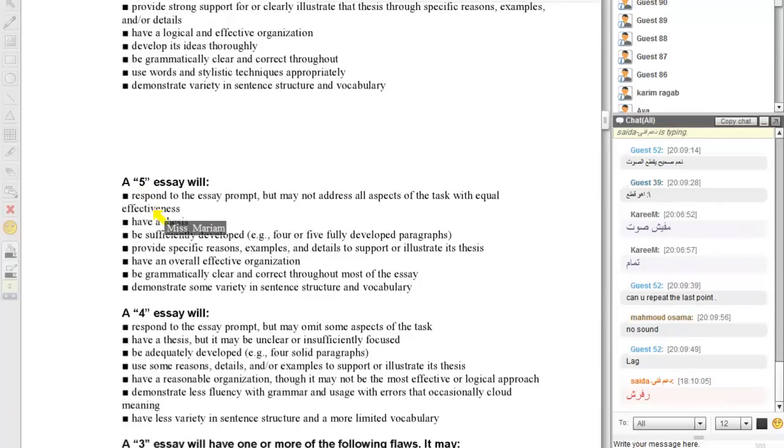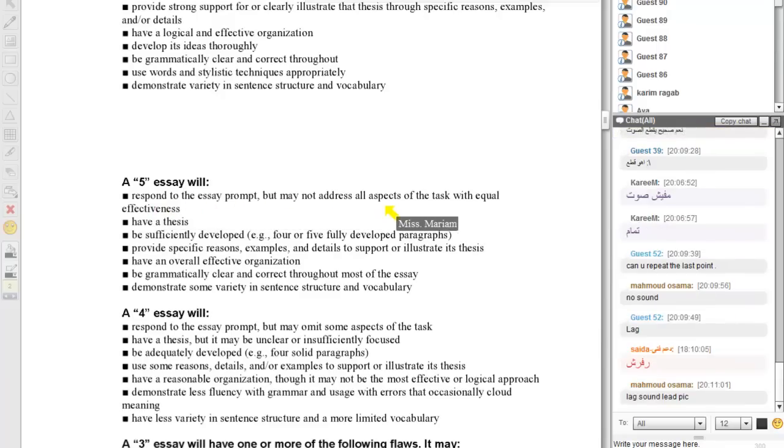The 5 score will be given to a response to the essay prompt that may not address all aspects of the task with equal effectiveness. That means maybe he understood the prompt, and we said the prompt is the head of the question, the head of the essay, okay, but may not address all aspects.